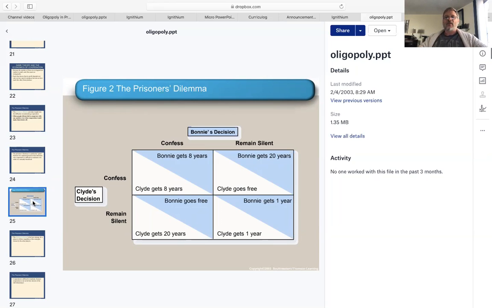But in oligopoly, for the first time, we see what we're going to call strategic interaction in pricing. We're going to take the simplest example, a duopoly. There are just two of them. Firm number one knows that if they charge a high price, firm two will get all of the customers because they're selling the same product.